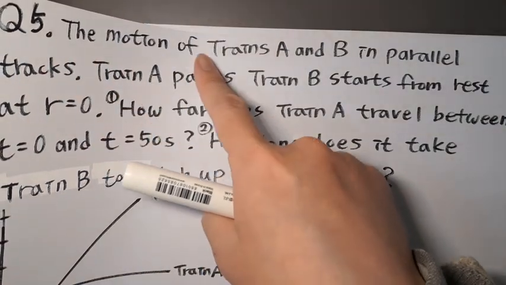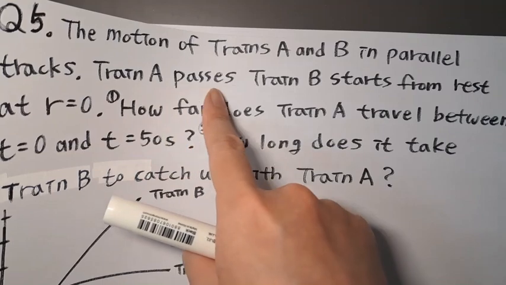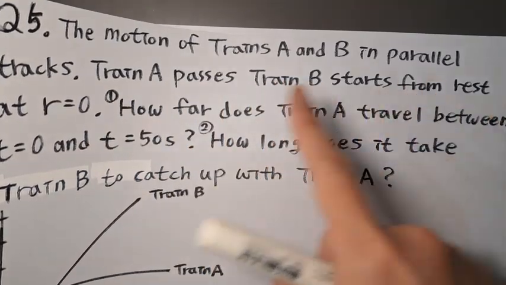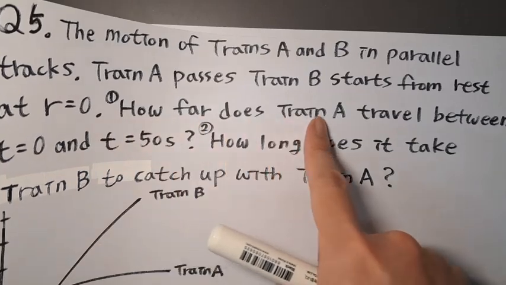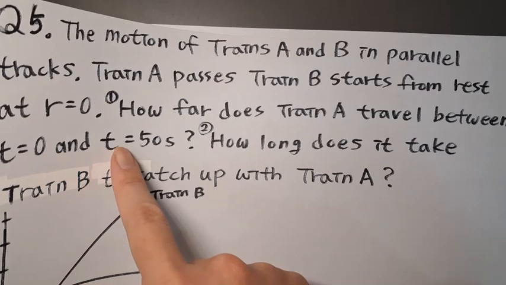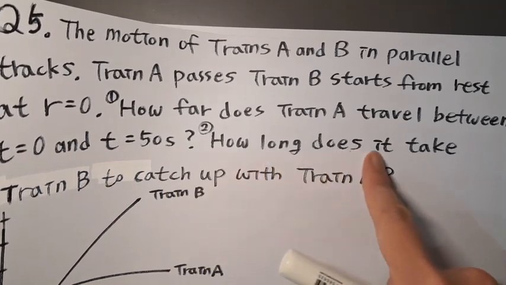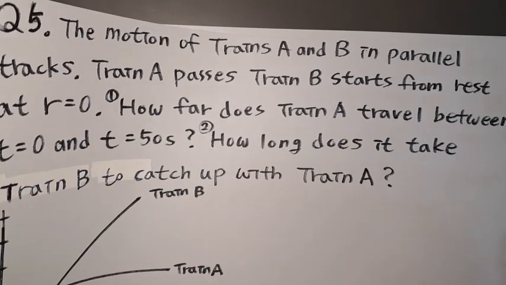The motion of train A and B is on parallel tracks. Train A passes train B, starting from rest, and t is 0. How far does train A travel between t is 0 and t is 50 seconds? How long does it take train B to catch up with train A?